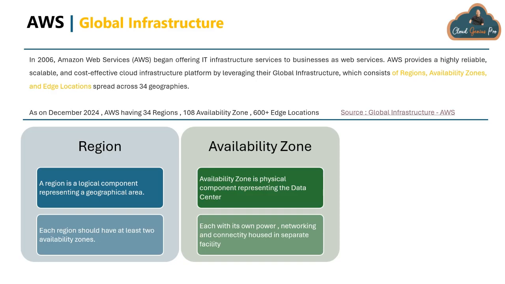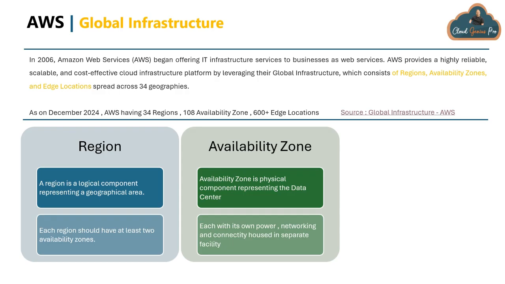Now, when we talk about an AWS availability zone, it is representing physical data centers, which are independent from other availability zones or other data centers in terms of power, networking, air conditioning, and facility management services, so that if one availability zone goes down for any reason, other availability zones will not be impacted.